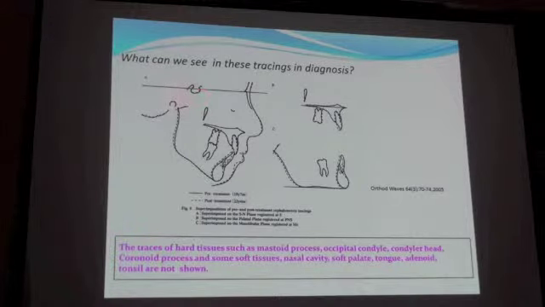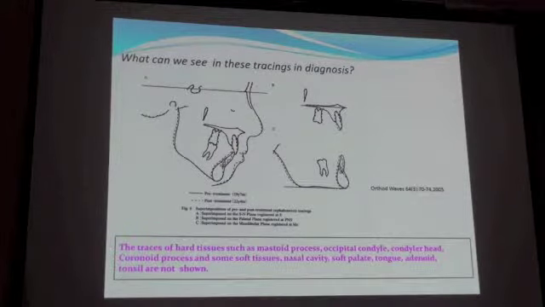And this is the trace of hard tissue such as the mastoid process, occipital condyle, the condyle head, coronoid process, and some soft tissues, nasal cavity, soft palate, tongue, and adenoid and tonsil, and they are not shown.